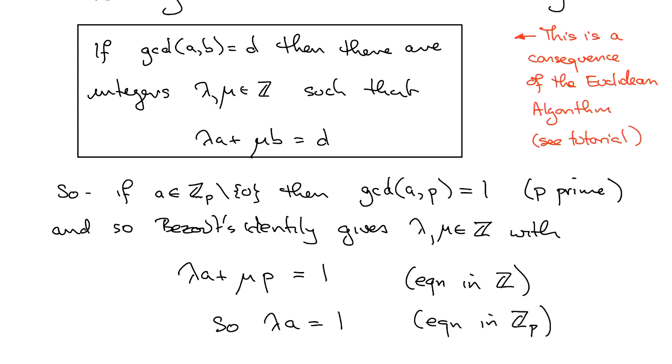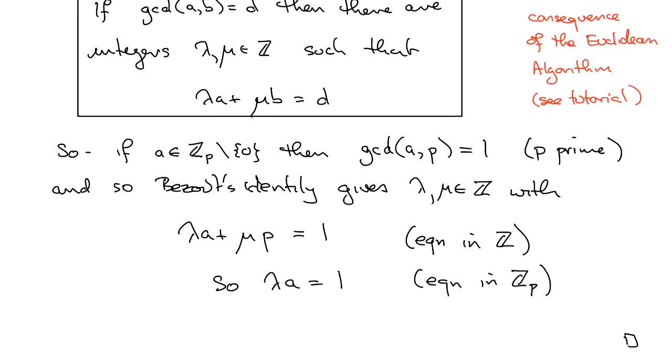So now lambda, or more precisely lambda mod p, because lambda was an integer, I mean the p reduction of lambda, is an inverse of a. I'll just write it as lambda equals a inverse. All right, so I had to use something. It's not super deep, because Bezout's identity is not an ultra-deep theorem, but it's a non-trivial statement.